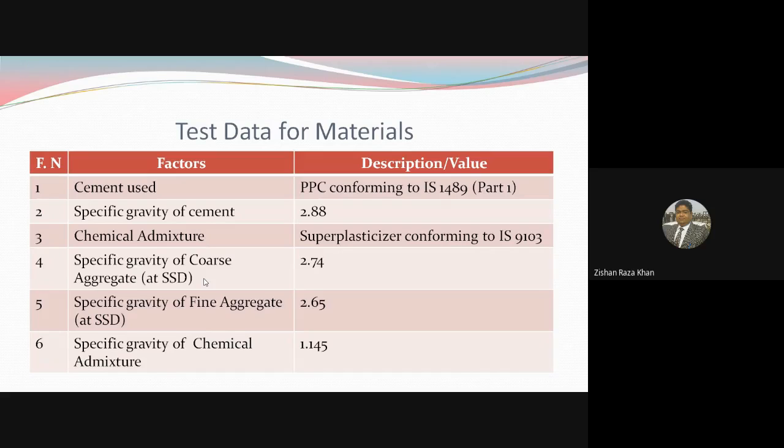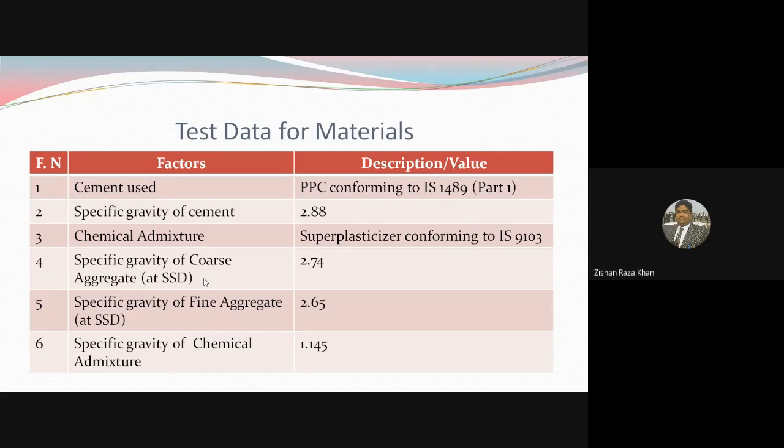As per the design criteria, we assume that there will not be any sucking up of water from the mix, and there will not be any extra supply of water by the aggregate. But in actual condition, this is not the case.